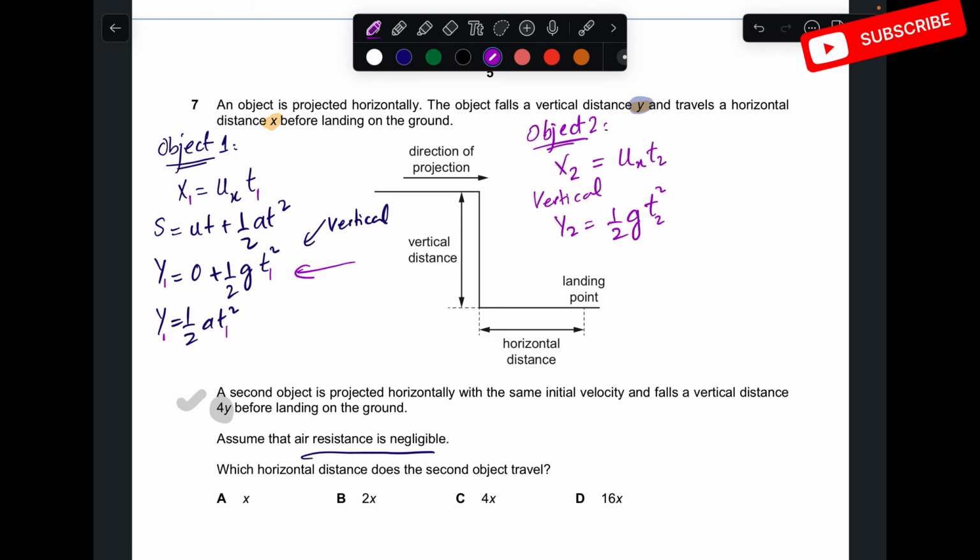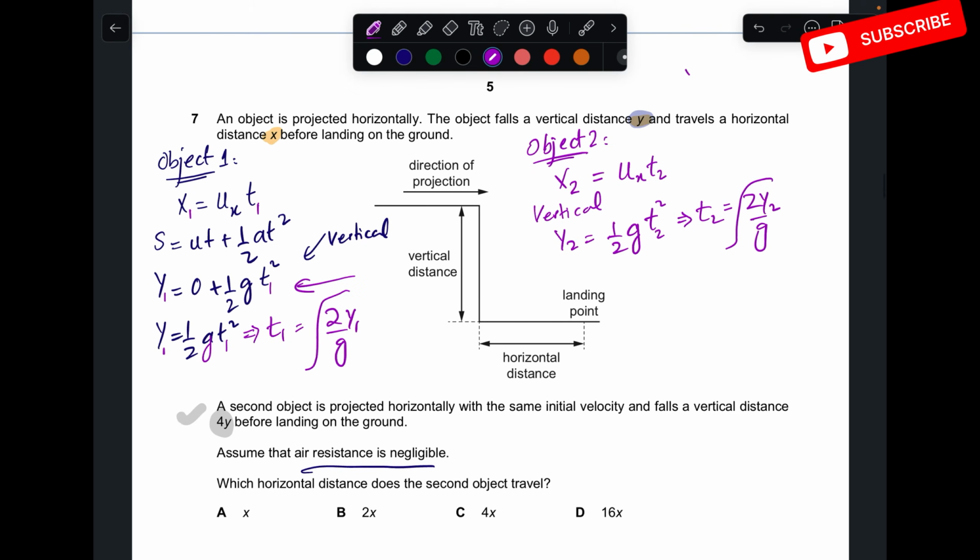So what we have, I have to find t, so t2 is equal to the square root of 2y2 divided by g, right? Here you also find t1, just to relate, the square root of 2y1 divided by g. Okay, so what is given is that y2 is 4 times y1.